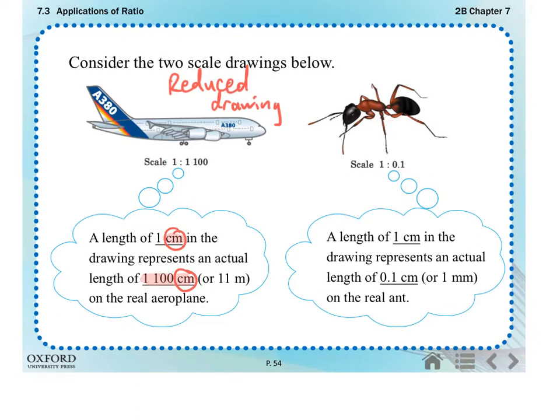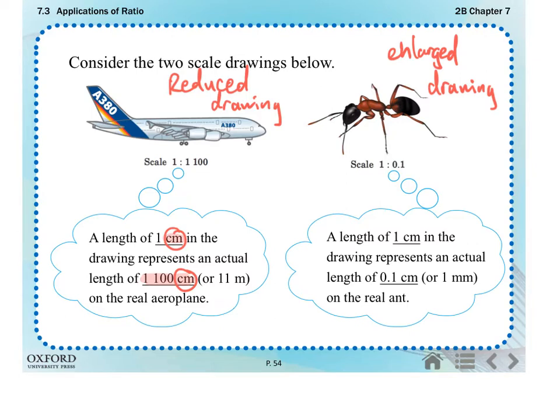And the next one is the enlarged drawing. That means the ant is so small, but when we draw it, we enlarge it and draw a larger picture.